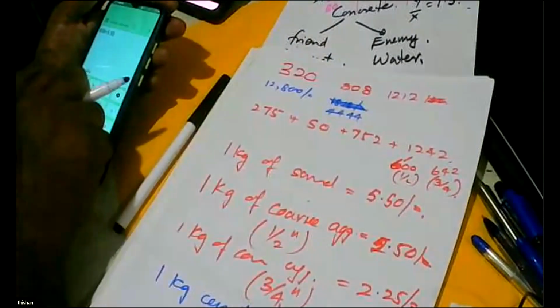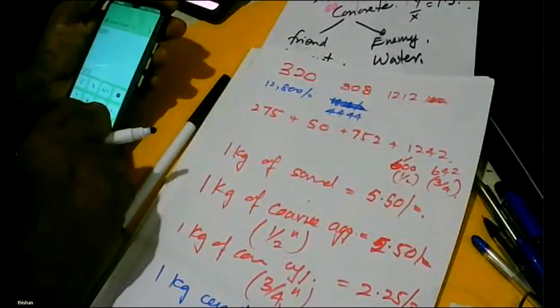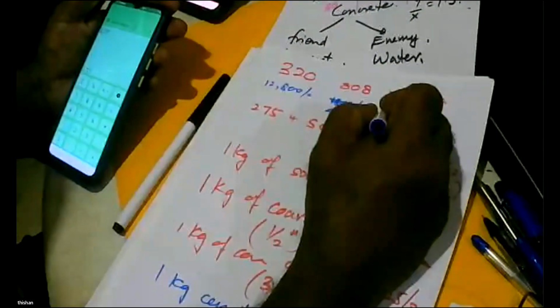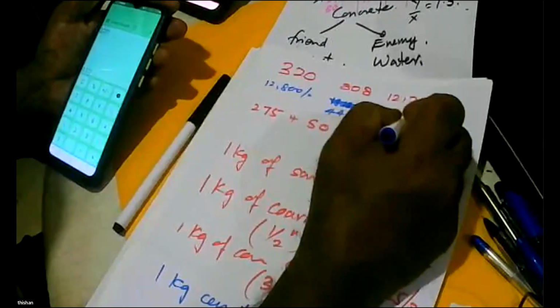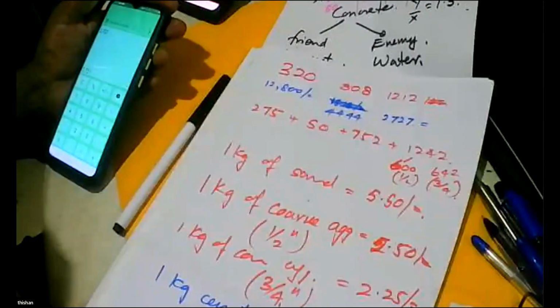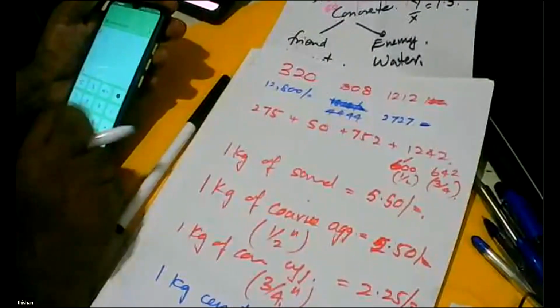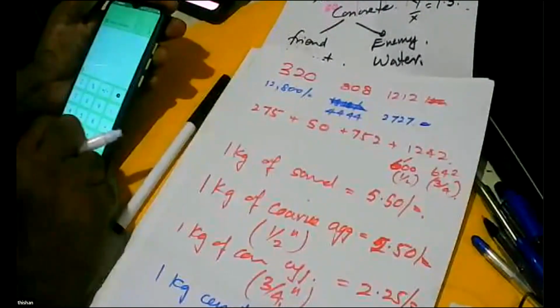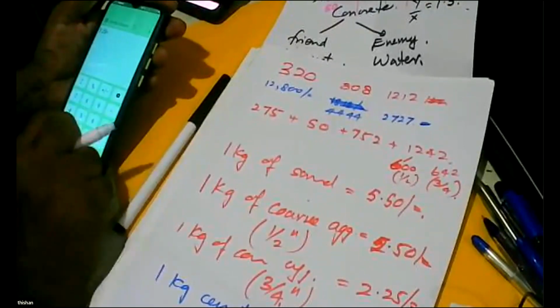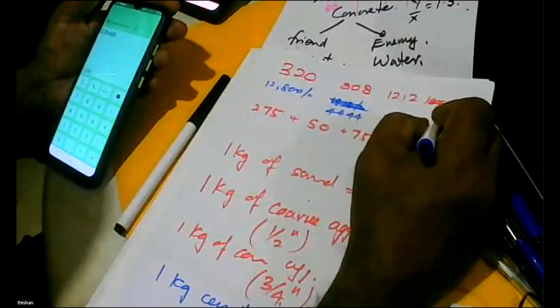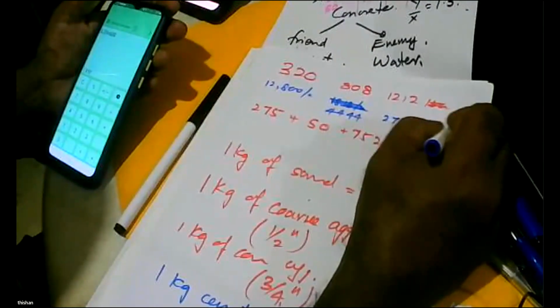And 1212 has to be multiplied by 225, which is 2727. Now you can see the addition. Admixture cost will be 3.25 into 600, which is 1950. It's a constant for both.